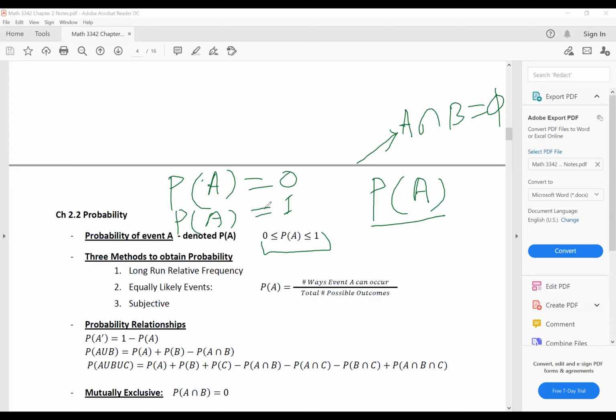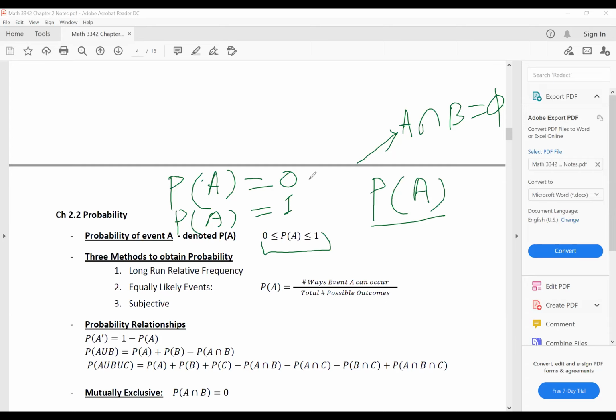For example, what is the probability that tomorrow is Wednesday? 1, right? It's certain. Tomorrow is Wednesday. So in that case, the event is certain, and the probability equals 1 because it is going to happen.